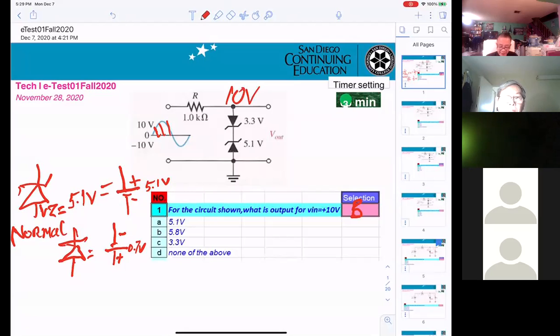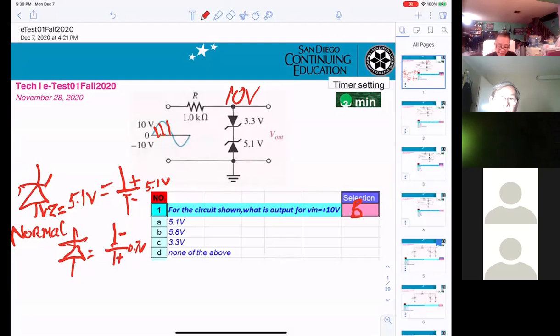So the first thing you can see, the 3.3 volt, it cannot break down. The thing on the other side will be ground, so it will be working like a normal diode. Which one is working like a normal diode? The 3.3 volt one is working normal.